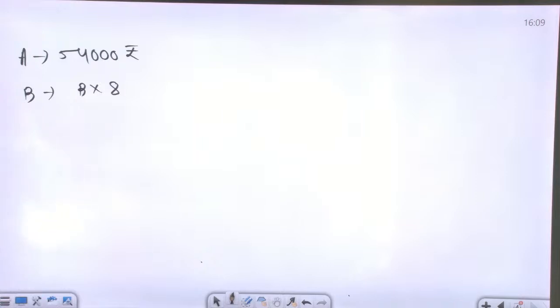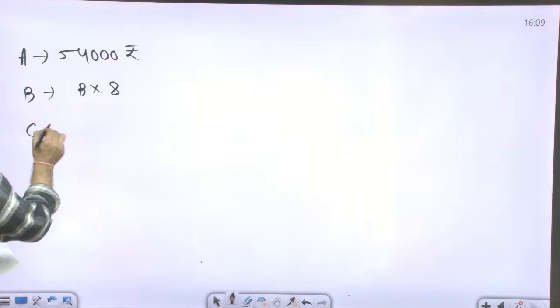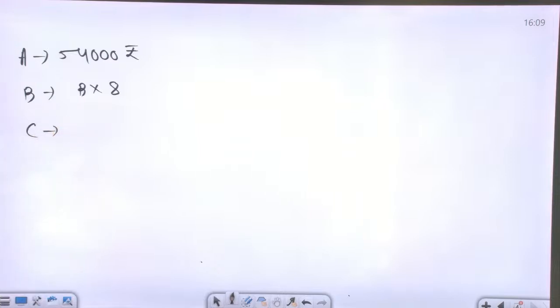So the money which was brought by B stays in the business for how many months? For the rest of the time. After 4 months he came, so it is 12 minus 4, that is 8 months. C entered after 6 months, so invested money will be for 6 months only.